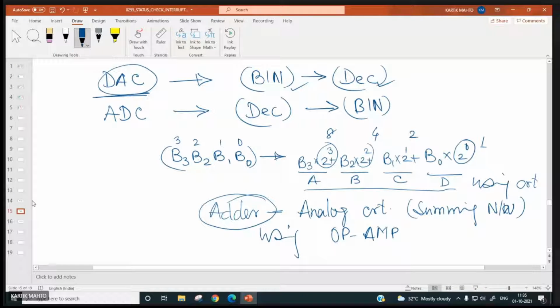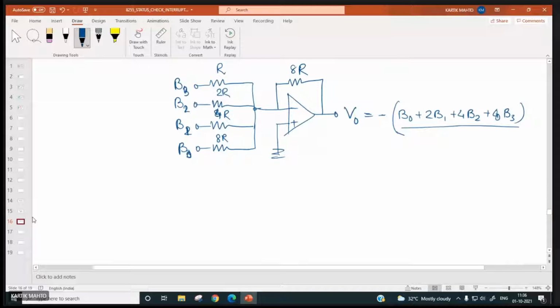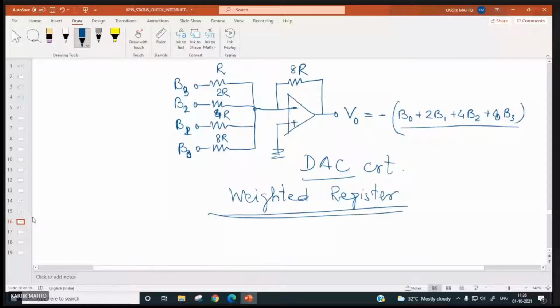So right here, when you implement using circuit, you come across a DAC circuit. Correct? And this circuit, you know, is known as what? Have you heard of this name?